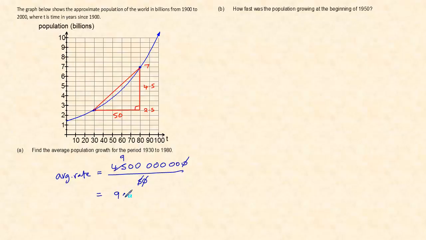So that gives us 9, and then 1, 2, 3, 4, 5, 6, 7 zeros. So that's 90 million people per year.